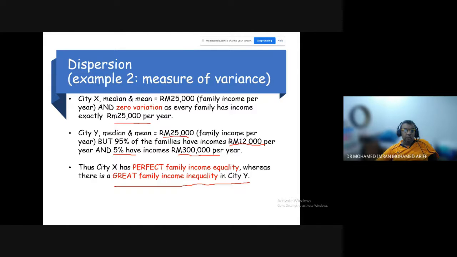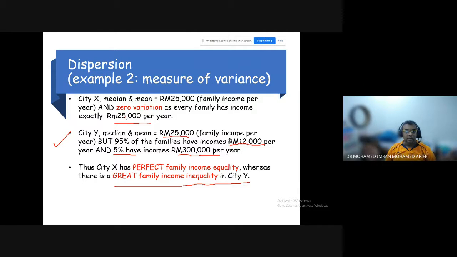But although the mean and median of both cities are the same, 95% of them have income of 12,000 and another 5% get 300,000 per year. So although it is the same, city Y's distribution has the very rich and the very poor. This is like Jakarta. In Jakarta, you can see the very rich are very rich, and the very poor are very poor.